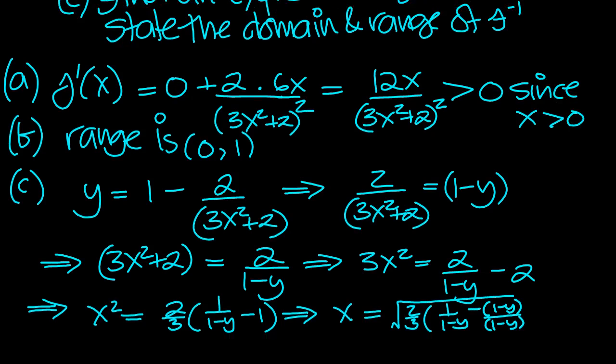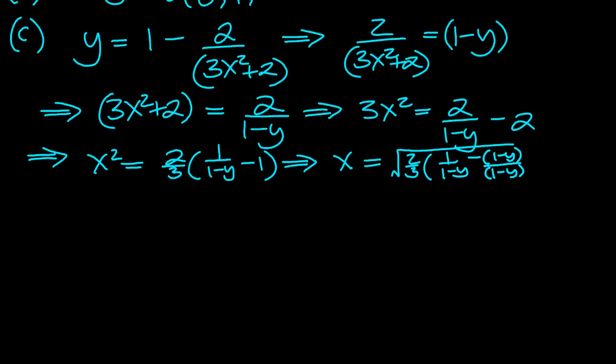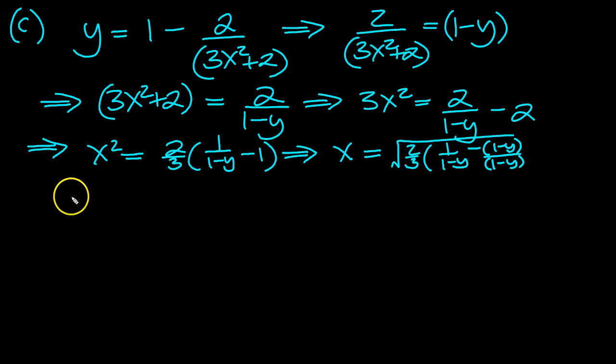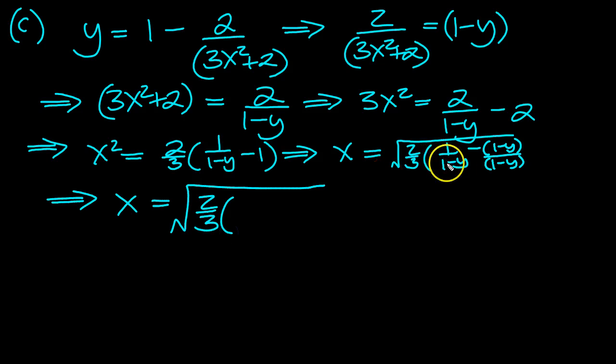So let's just do that, just to make things a bit easier. So x equals the square root of 2/3, and it will be 1 over 1 minus y is common now. On the top you've got 1, take away 1 when you expand the bracket, and then a minus times a minus is a plus y. So that's what we've got.